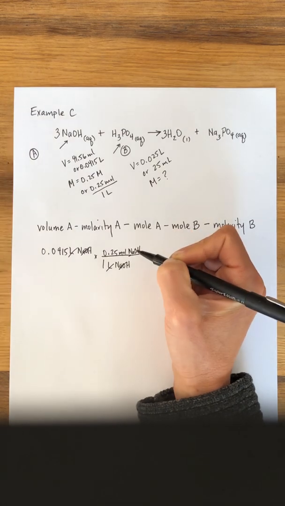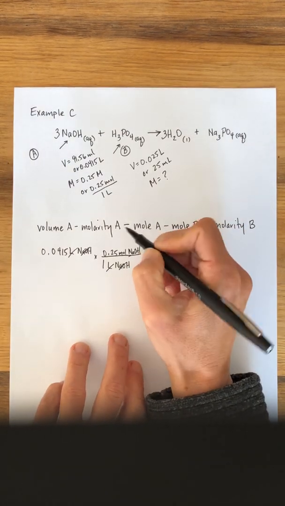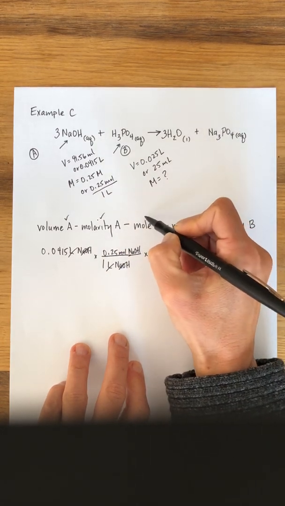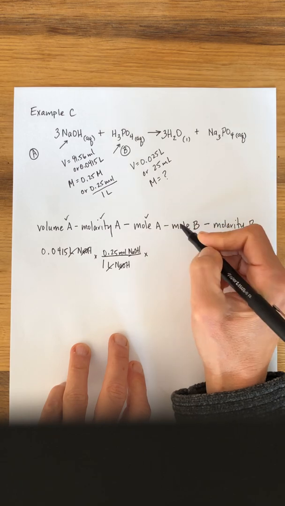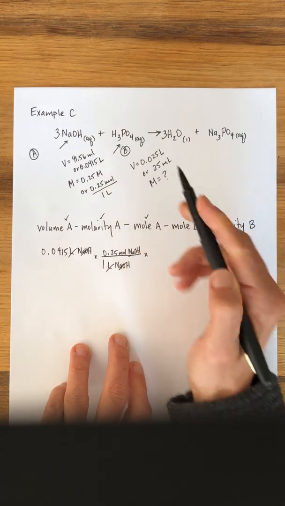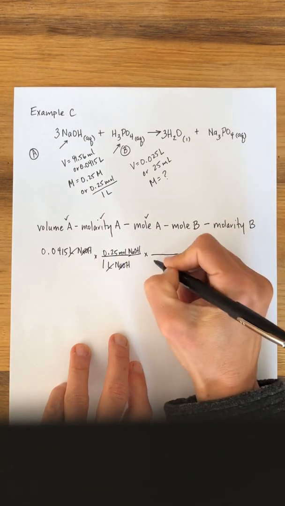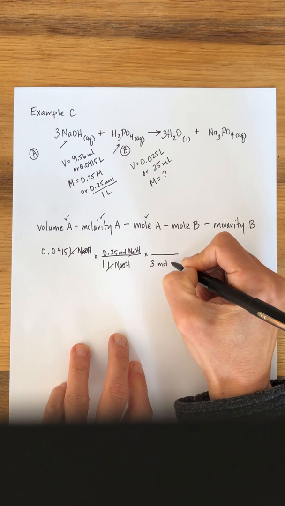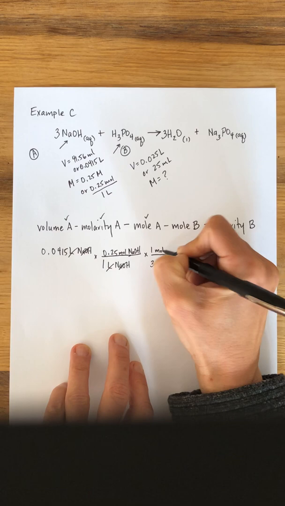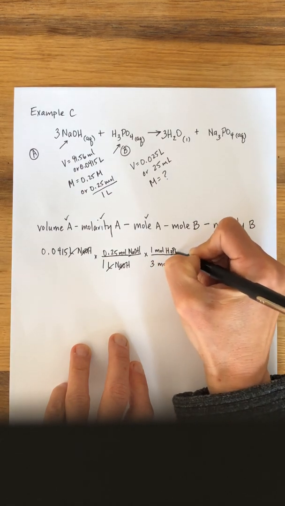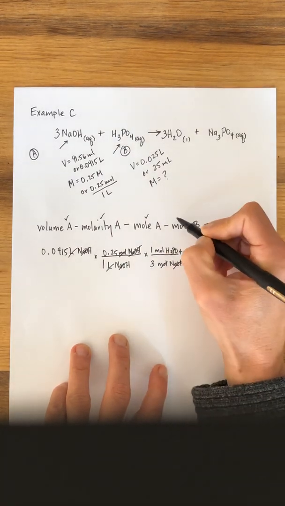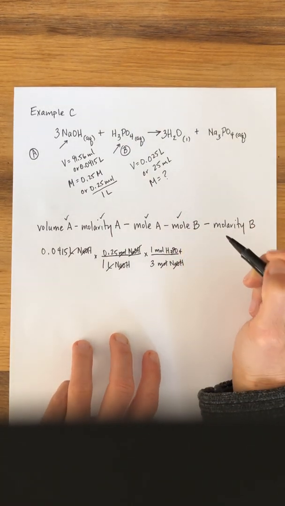They do. Next, we've already taken care of our molarity A. It gets us to the answer of mole A. So we now need to look at the relationship between mole A and mole B. And when I look over here, it looks like it's a 3-to-1 ratio. That means that for every 3 moles of NaOH, it requires 1 mole of H3PO4. Again, I check whether or not these cancel out, and they do. So that got me to mole A. So now I need to get to molarity.